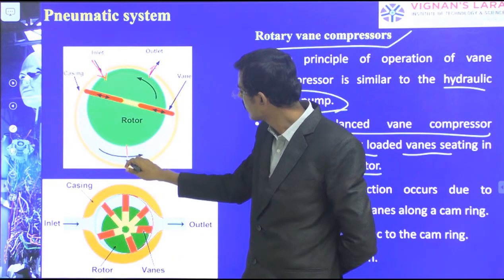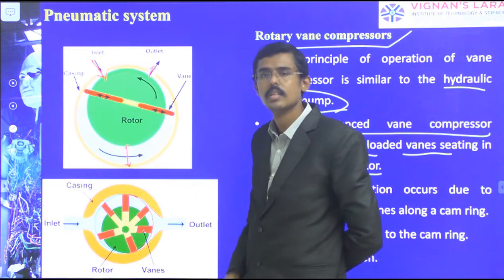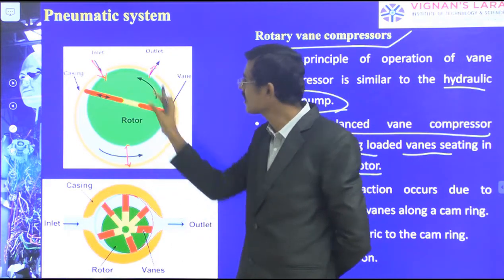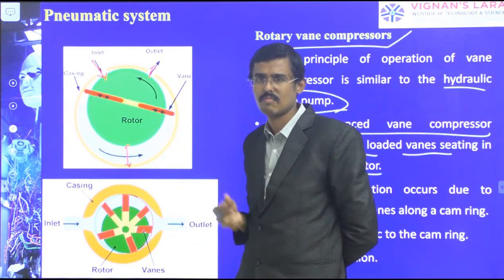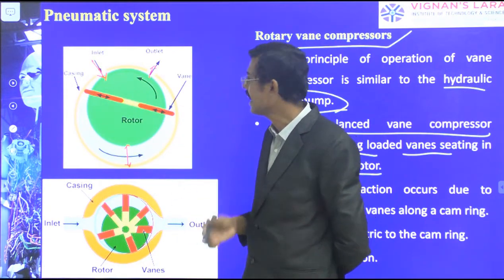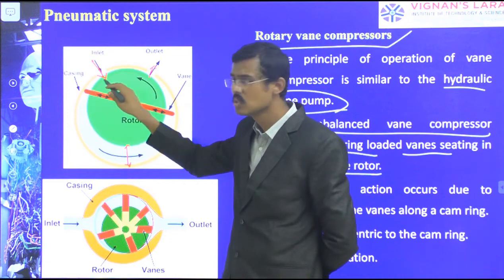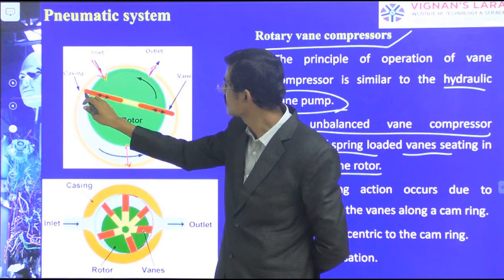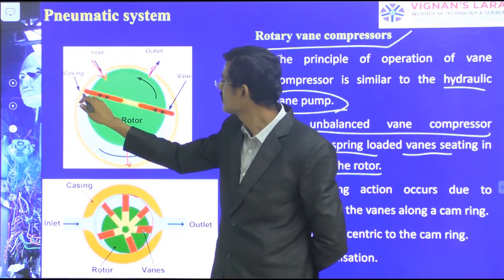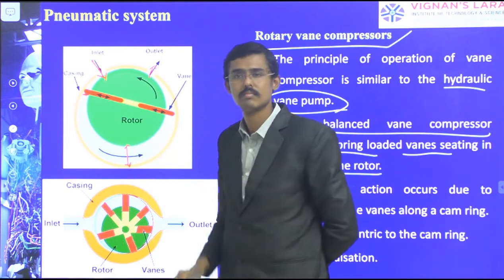A large gap is created at one side. It means the rotor is smaller than the outer frame, the outer casing. How does it happen? The spring is going to extend. This is the insert, you see, I am marking. This is the insert with the spring.